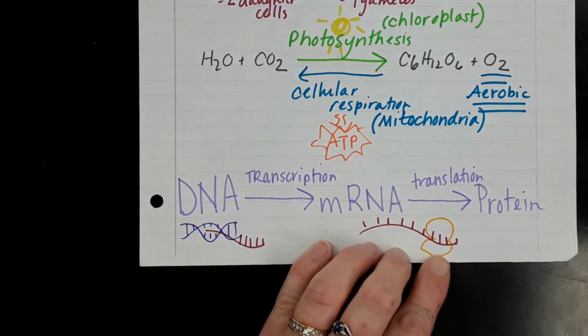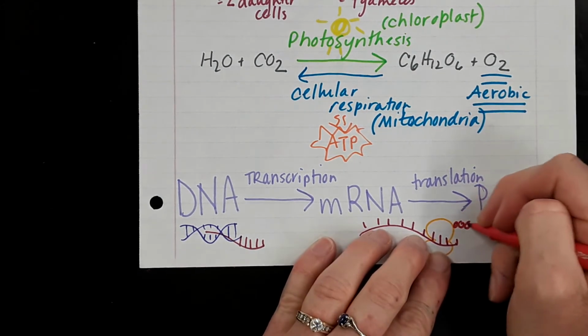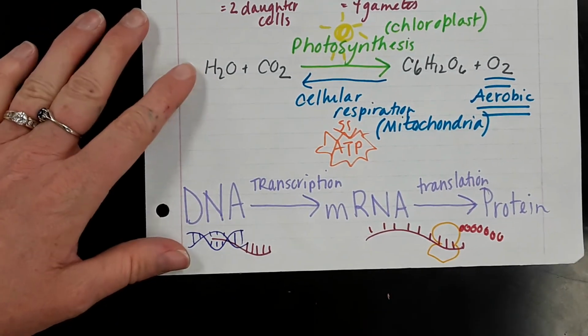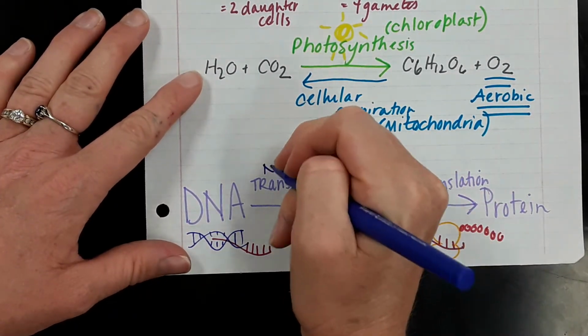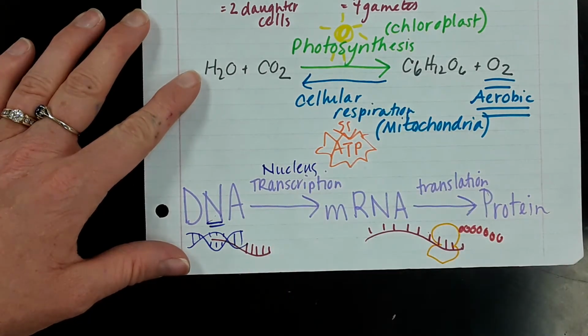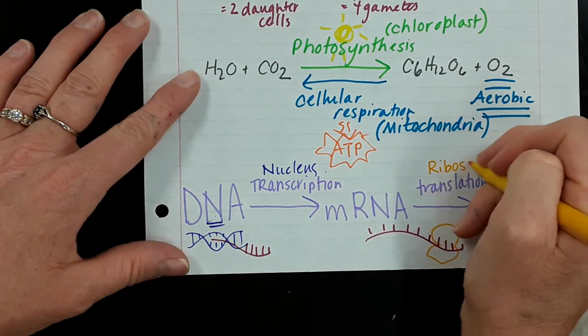And the ribosome is then going to produce the protein. All right, important things to know is that transcription is happening in the nucleus. That's where the DNA is. And translation is happening at the ribosome.